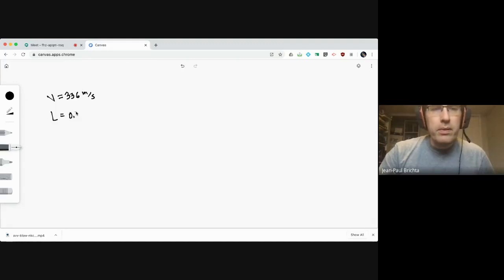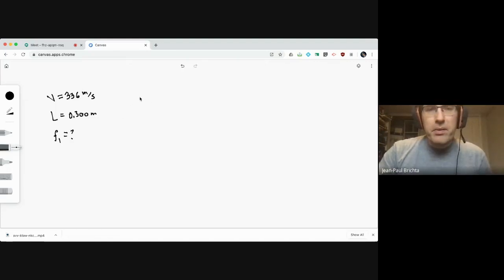So 0.300 meters. Now notice that this is the length, not a wavelength. So we're going to convert this length into a wavelength in short order. What I'm trying to figure out here is F1. Once I know F1, then I just need to multiply it to get F2 and F3.